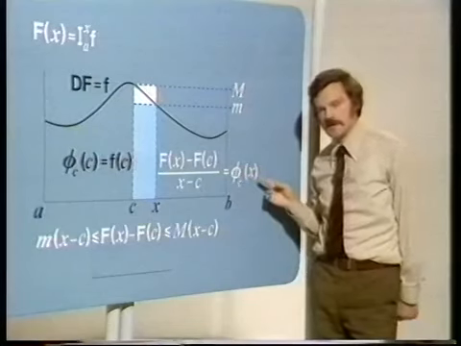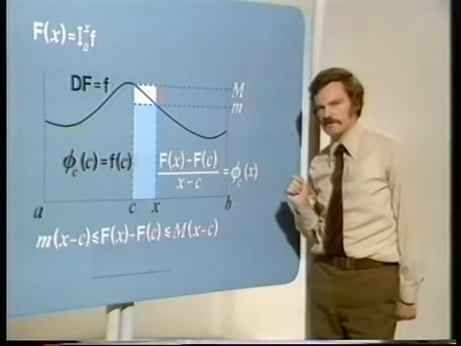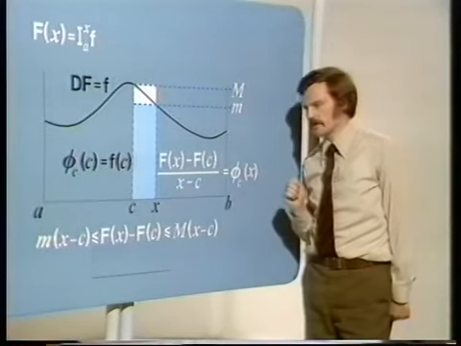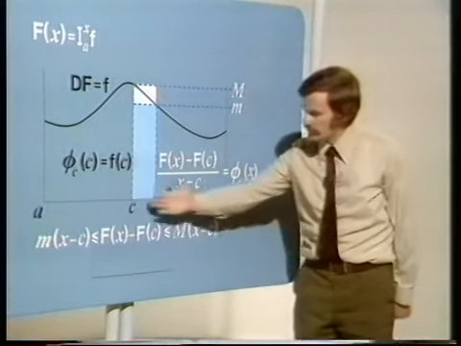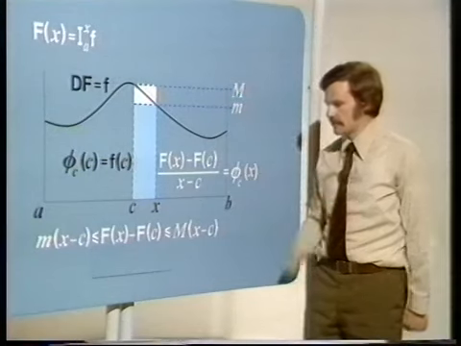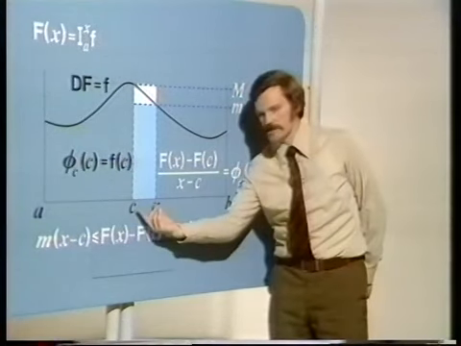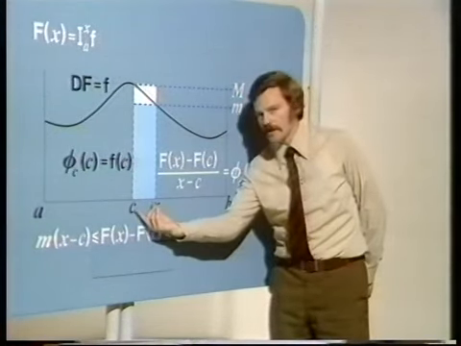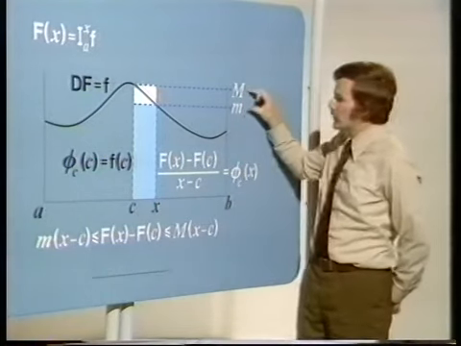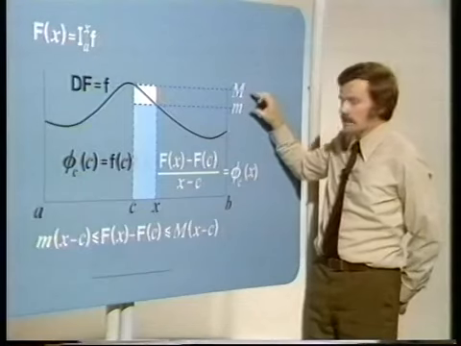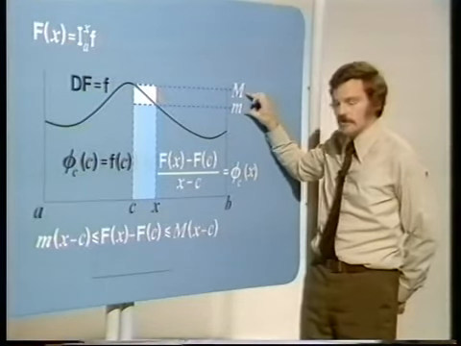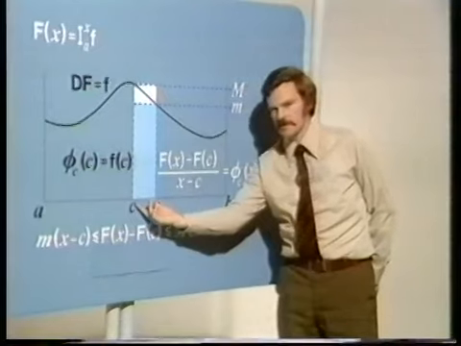Well, now our interest is in the continuity of the chord-slope function. So how can we tie that into the continuity of little f? Well, look at the argument we've already established here. On this interval, from c to x, we've seen that the values of the chord-slope function are trapped between little m and capital M. And little m and capital M are the bounds for the function little f on this interval.